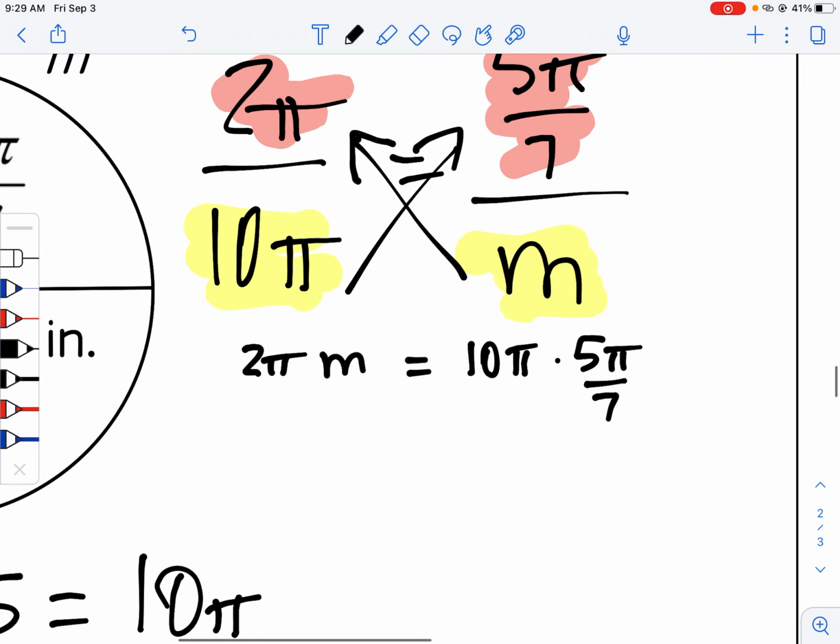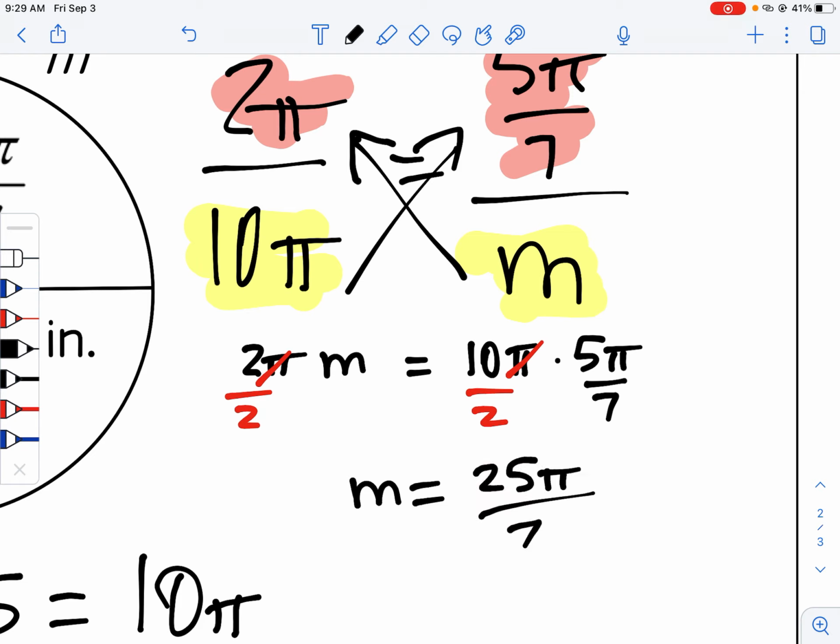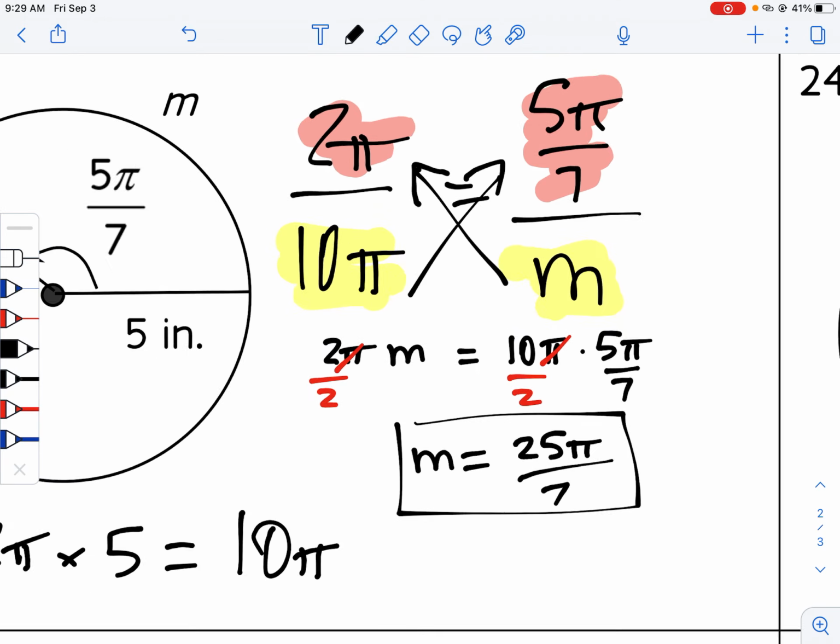And I'm going to start to solve here. So one of my pi's cancels on each side. And then I'm going to divide by 2 to get m by itself. So it looks to me like I'm going to have something like m equals 25 pi over 7.